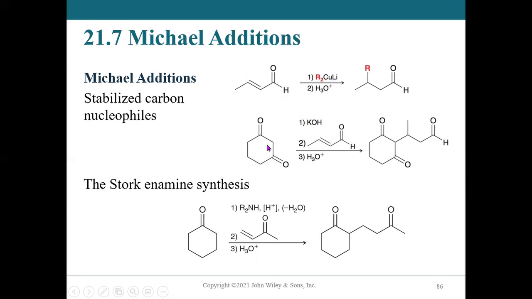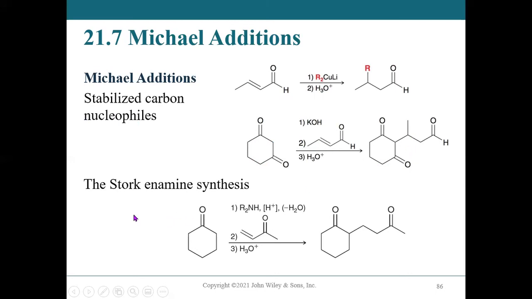We can also add this factor which can be converted into the enolate, and the enolate is stabilized, so that becomes a nucleophile attacking this beta carbon and produces this product.